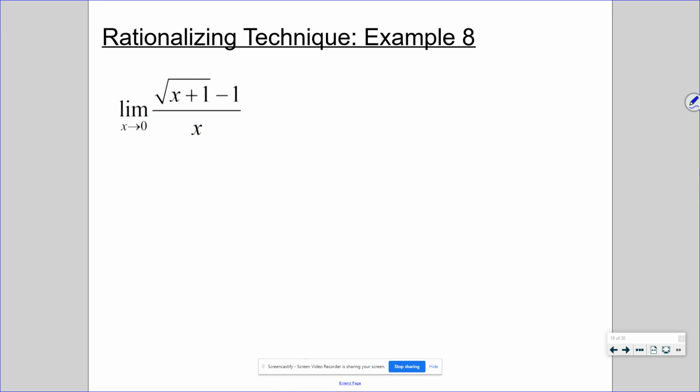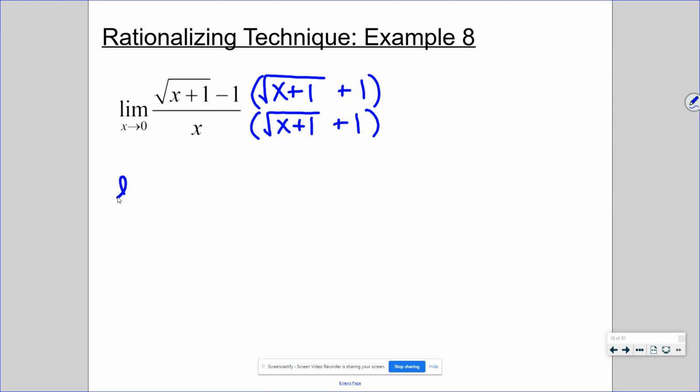Remember, a conjugate is multiplying by something, typically with a radical, but changing the sign in the middle. So in this case, I'm going to take the radical, and I'm going to multiply by radical x plus 1 plus 1. So I'm going to change this sign in the middle, and I'm going to multiply by that thing on the top and the bottom, okay?